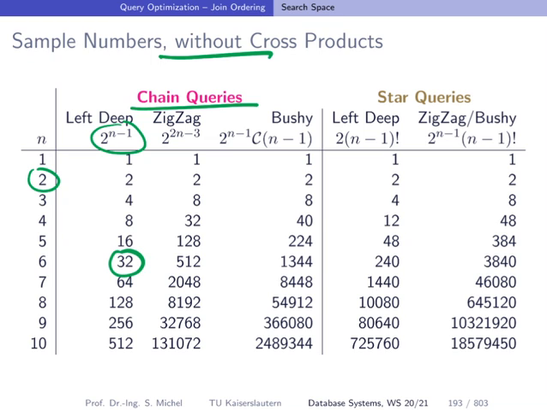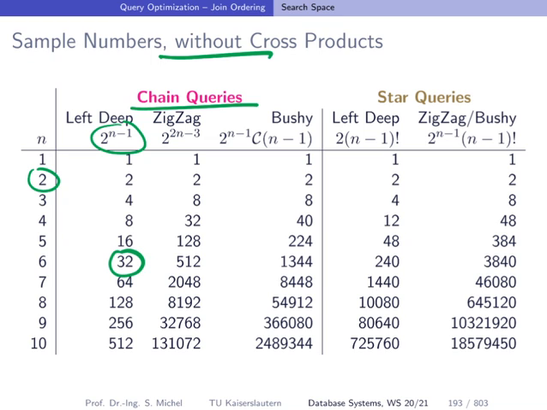And depending on how costly it is to compute a cost model over these trees, if you want to enumerate all of the 32 for 6 relations, then you have to spend also some milliseconds or nanoseconds ideally for the cost model, and then you pick the best one out of the 32, and then hopefully this is a good plan.